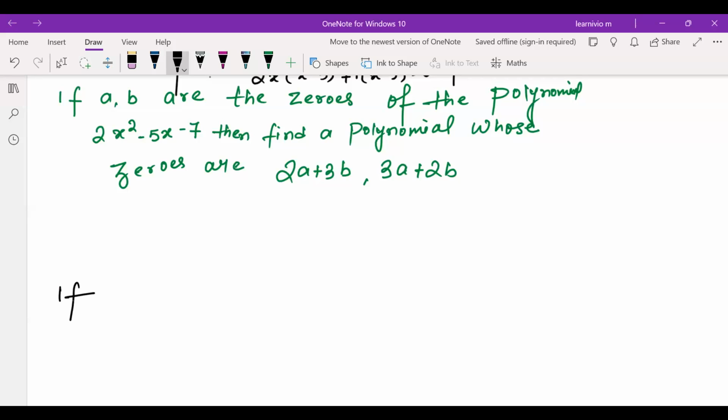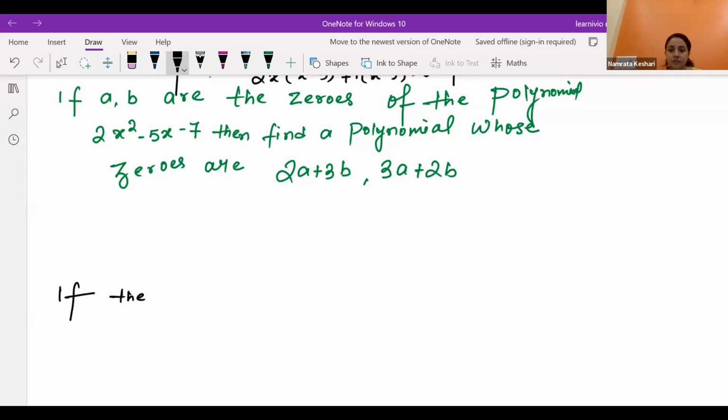Ma'am, what is the answer of it? What's the answer of the question? Yes, Harshit, what are you getting? Ma'am, I got the question as x square minus 25x plus 82.